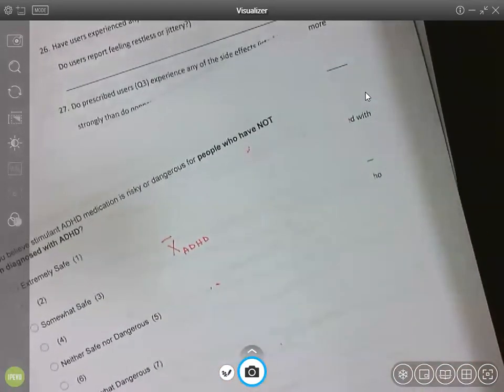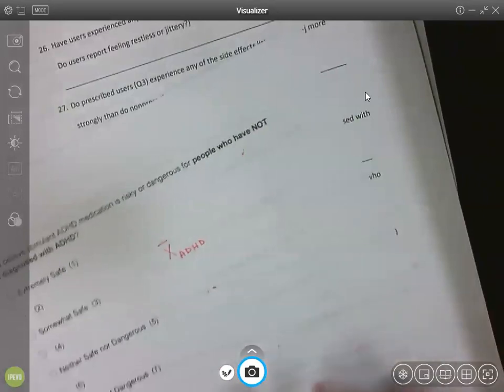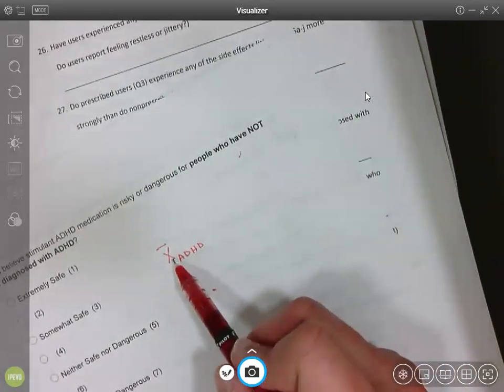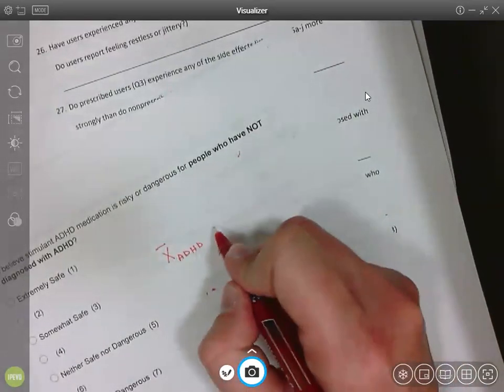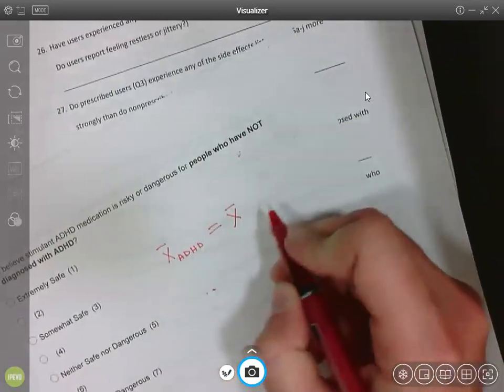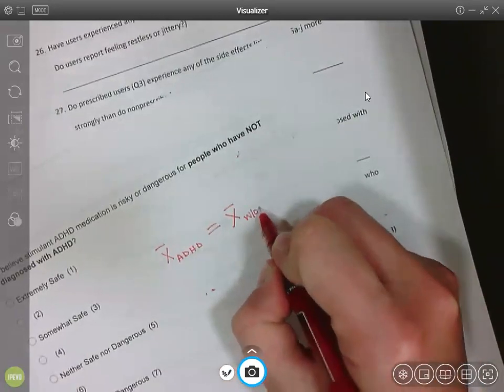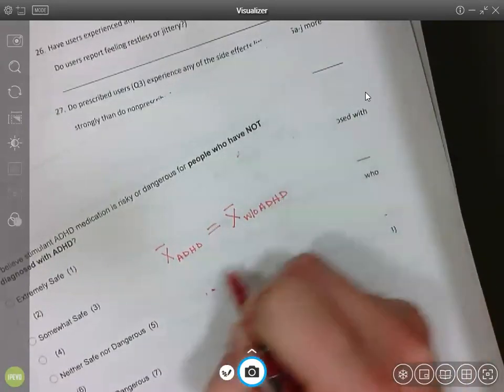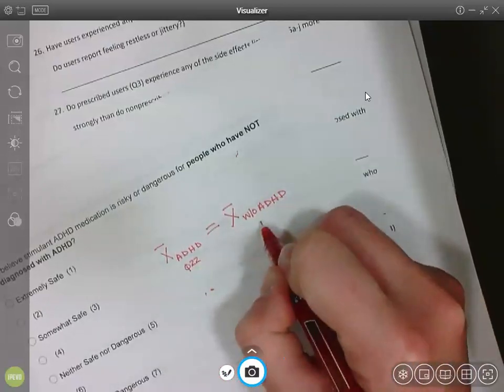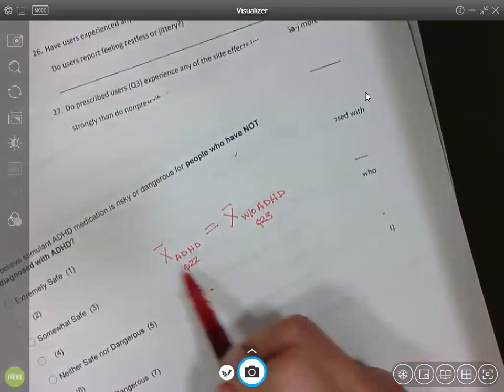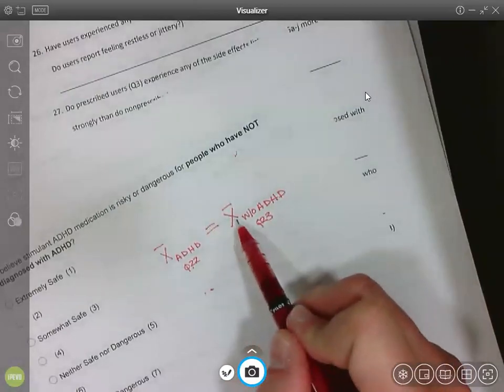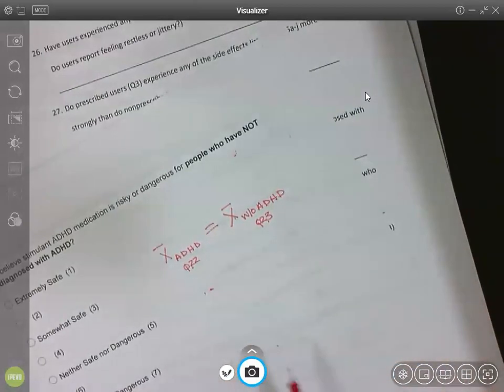Students' beliefs about riskiness is not actual riskiness. Is the perceived riskiness of this drug for people with ADHD equal to the perceived riskiness for people without ADHD? This is Q22 and Q23. Is the mean of Q22 equal to the mean of Q23?